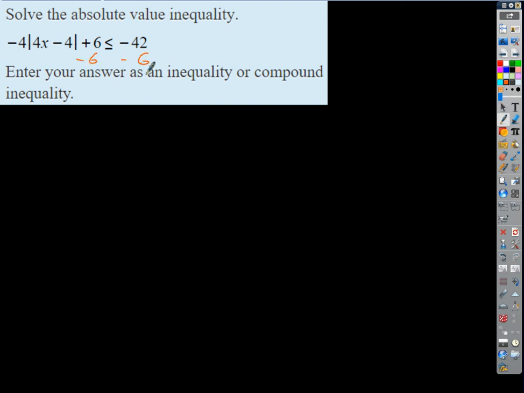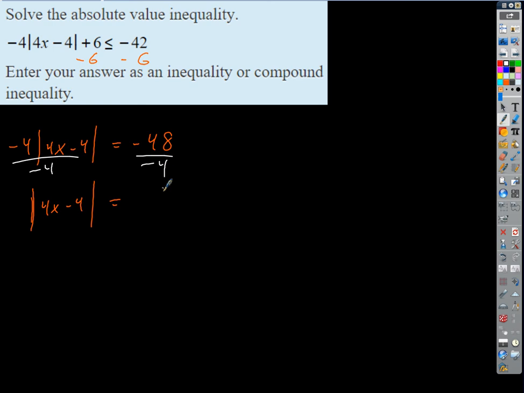Good, subtract 6, and then divide by negative 4. So what's that going to give me? If I divide, there you go, 12.